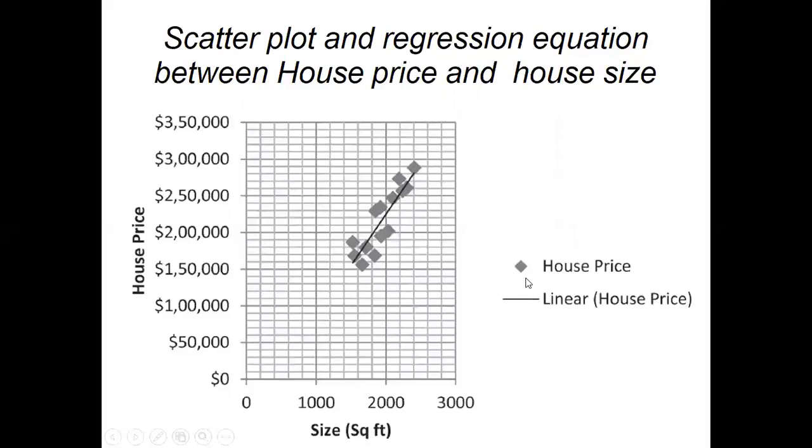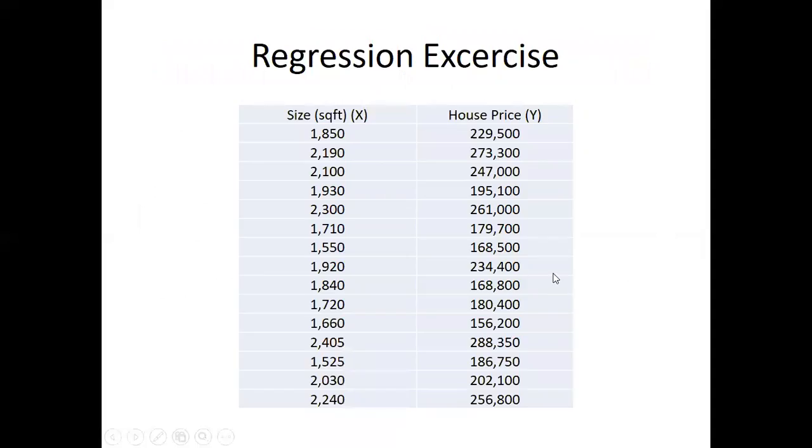When we draw the graph, the diamond shapes show the house price, and it shows that there is a linear relationship. That means when the size of the house increases, obviously the price of the house also increases, so it comes as linear. Clear? So this is the scatter plot for the given data.